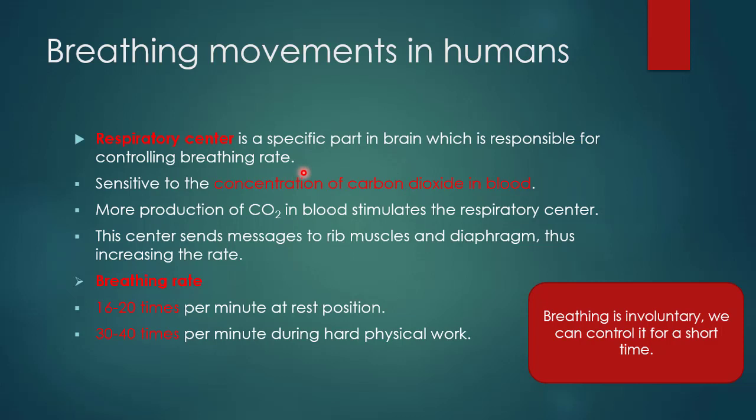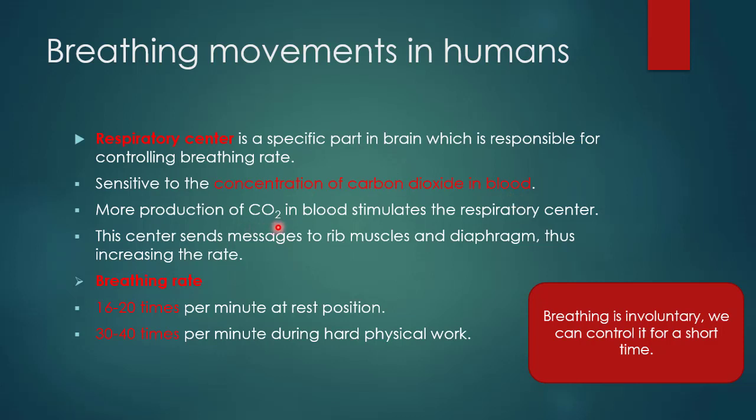This respiratory center is very sensitive to the concentration of carbon dioxide in blood. And what does it mean? कि carbon dioxide की concentration का कम होना या ज़्यादा होना. This is what respiratory center is sensitive to. For example, if you are doing some hard work or exercise, there will be more production of carbon dioxide in your blood.